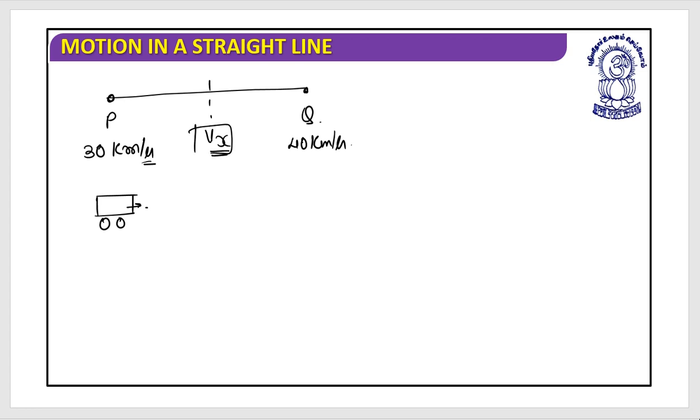Now two approaches could be there. First, you again derive this, or second, if you remember the formula, you can directly go for it. Yes, so we must learn this formula. Vx equals the root of (v1 square plus v2 square) divided by 2.